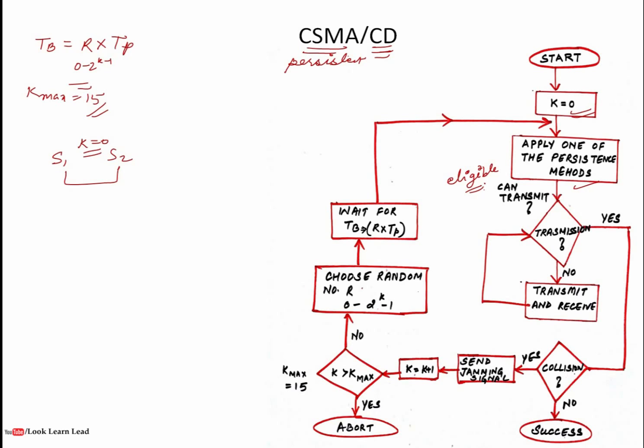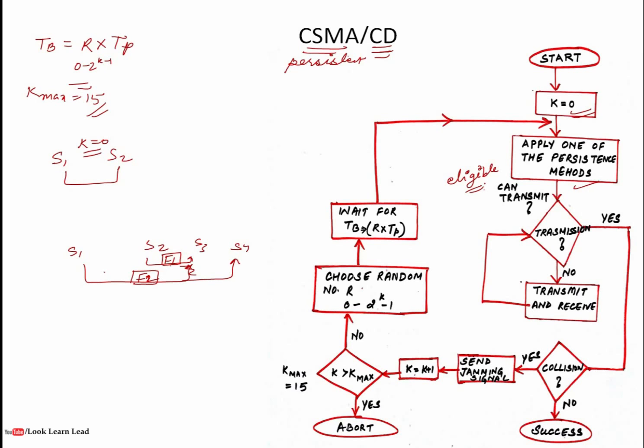If there is any collision, see when collision occurs: suppose S1 and S3 both want to send data, S1 wants to send data to S4 and S3 wants to send data to S2. This one is sending a frame F1 and this one is sending a frame F2, any frame.